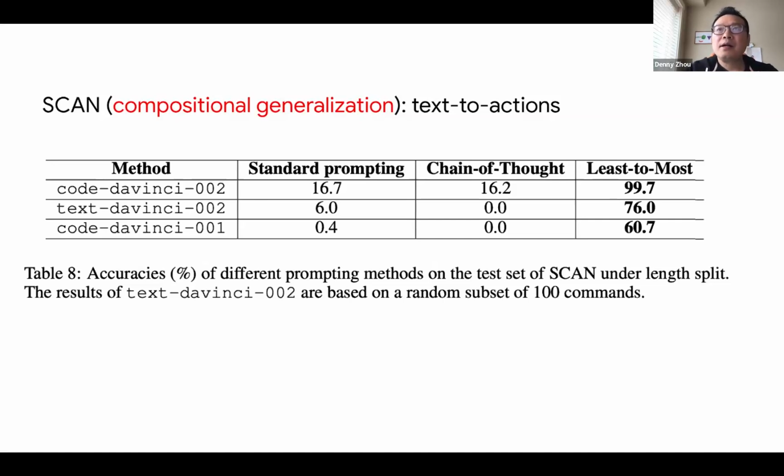And of course, if you look at the literature, they also got a similar accuracy, but they used about 50,000 examples to train a specialized model. But in our approach, we just use 14 examples. No training, no architecture design.